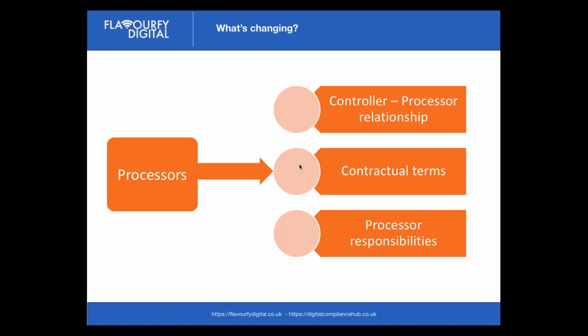But regardless of how you go about it, you're going to have to look at these new contractual terms that need to be between the controller and the processor, and how you do that will depend on whether you're the controller or the processor. So what I'm seeing is actually a lot of customers of processors saying to them, what's your position on GDPR, and can you sign this new contract?